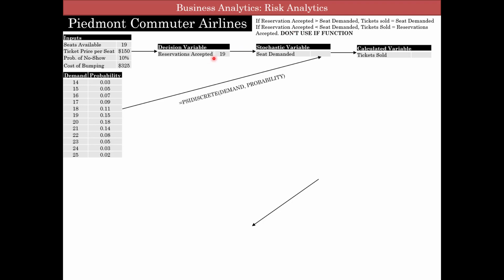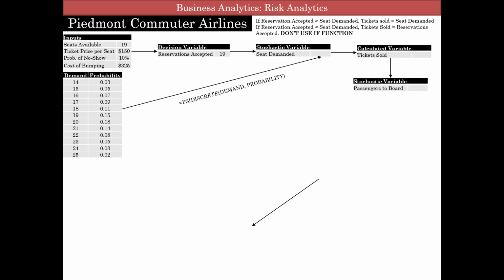If reservations accepted is less than the seats demanded, then tickets sold is the number of reservations accepted. You should not use the IF function. Remember, the IF function causes a heavy load on the optimizer. So essentially you're saying, whichever one is less, you're going to select. So you can use the MIN function.